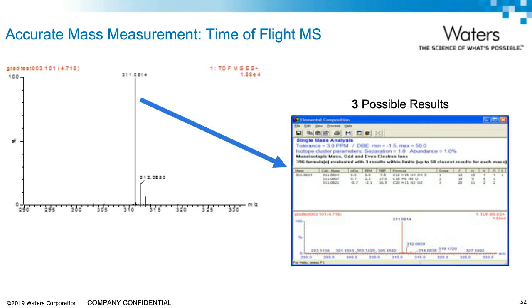In this example, the accuracy of the mass measurement allowed us to tighten the mass tolerance from 50 ppm to only 3. After doing this, we see that the number of possible formulas for this species drops from 37, shown on our last slide, to only 3 when considering the exact same elements as we did on the previous slide.